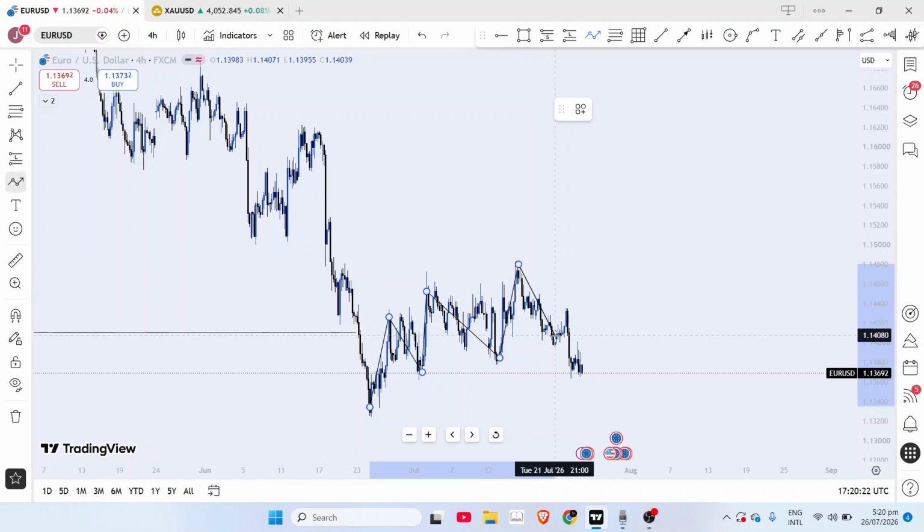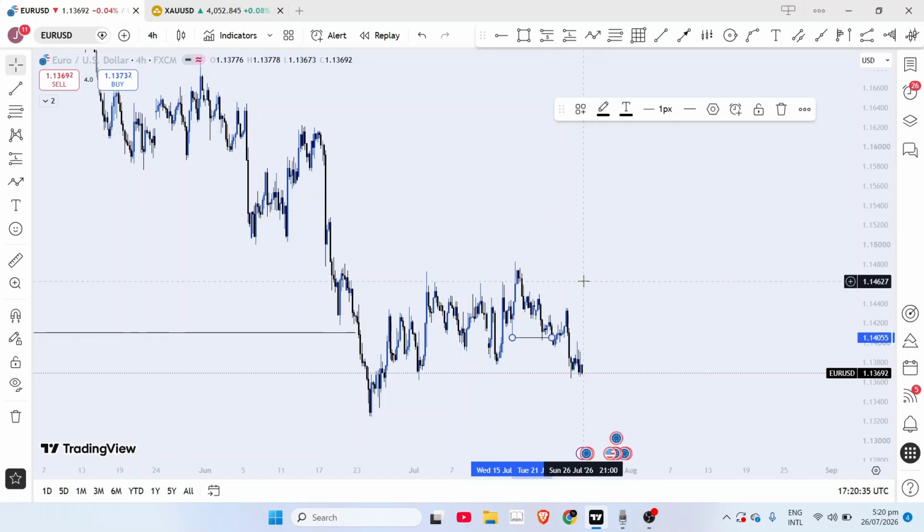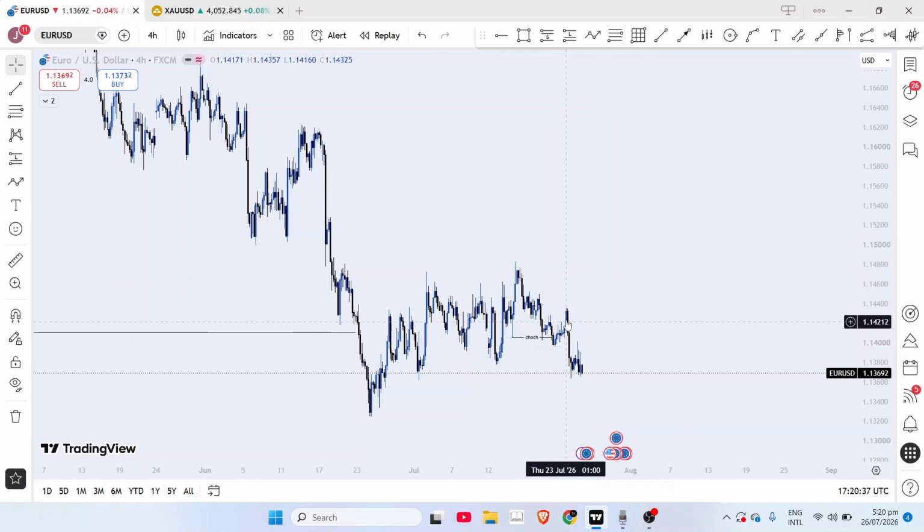So currently we have a change of character. Let me mark that out. We have a change of character right here, and we've seen this retracement into this other block. Here we saw this retracement into this other block.